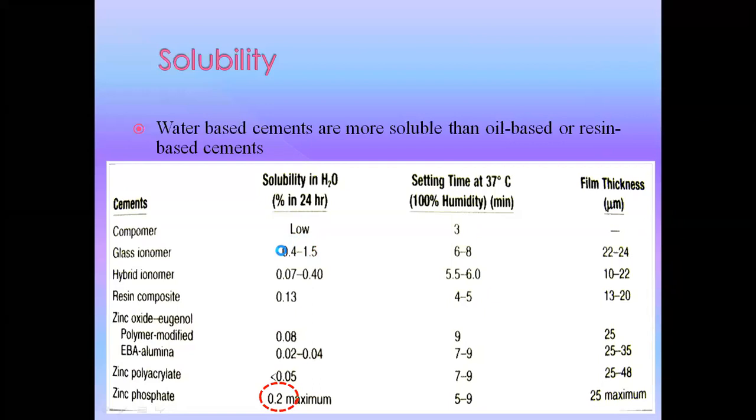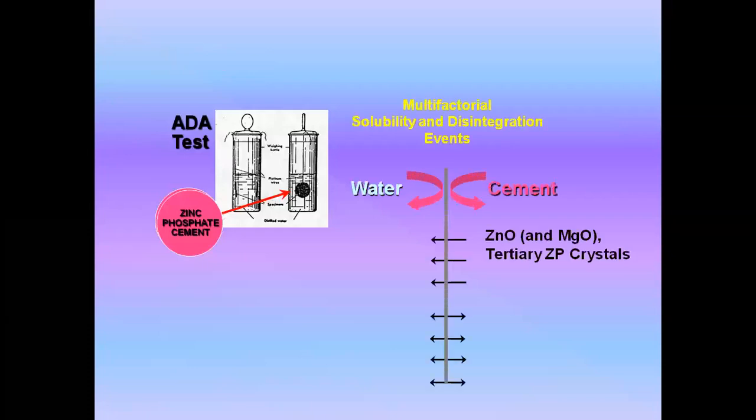But if you see, this also has 0.4 to 1.5. Sorry, pardon me. Glass ionomer has more as per the tabular column, but he has given maximum here. I don't know why. So if the option comes, better choose glass ionomer. Ultimately, water-based cements have more solubility than oil-based cements. Glass ionomer and zinc phosphate are both water-based cements.